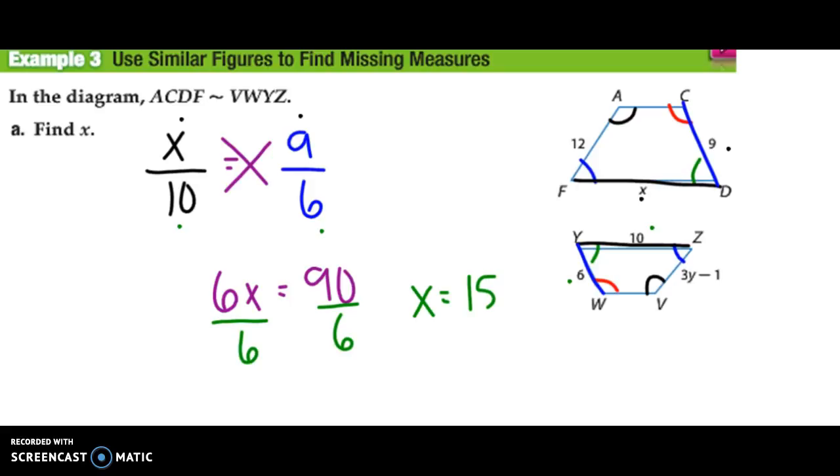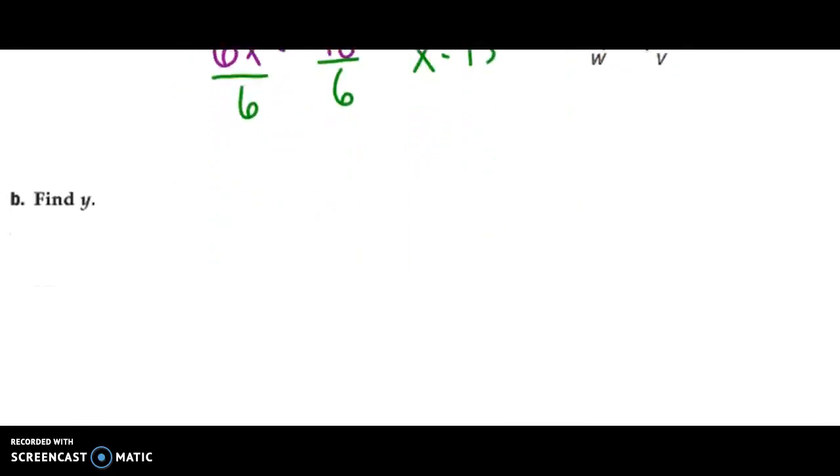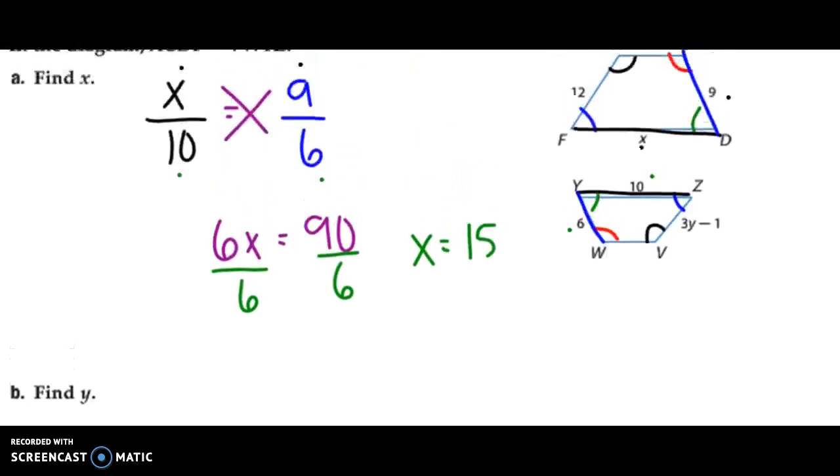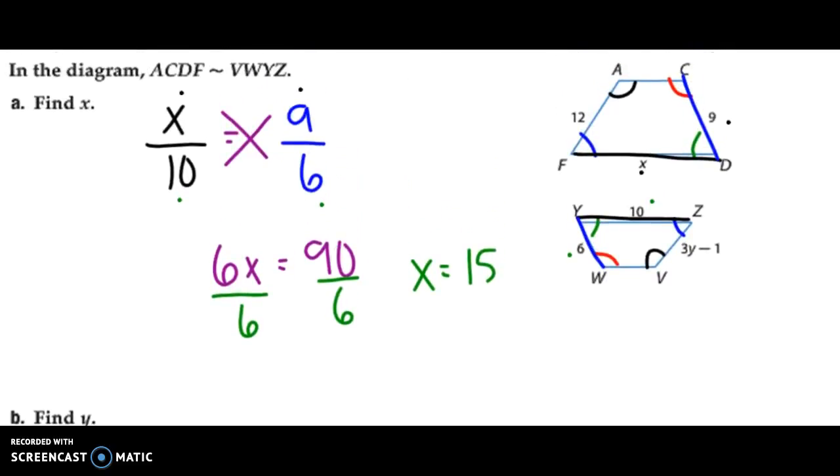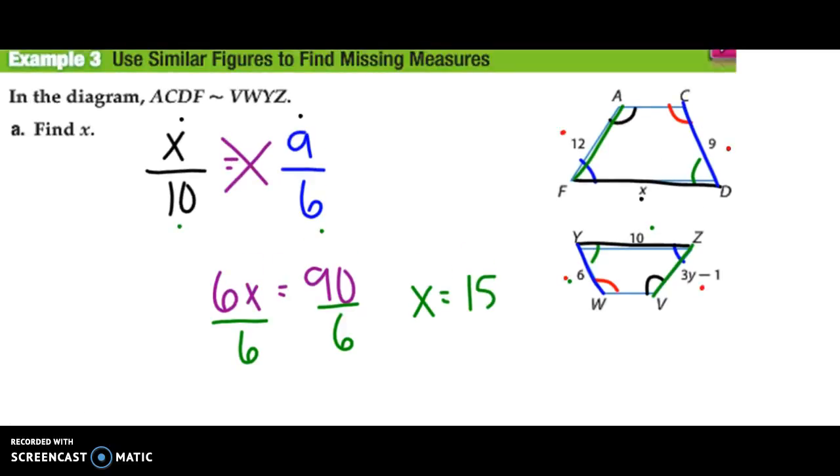Now, the next part, part B, says to find the value of y. Well, we can use the same proportion that we found before. We know that the y value that we're missing right here, it corresponds to FA. ZY, or ZB, is going to correspond to FA. So I can set my proportion up that way.